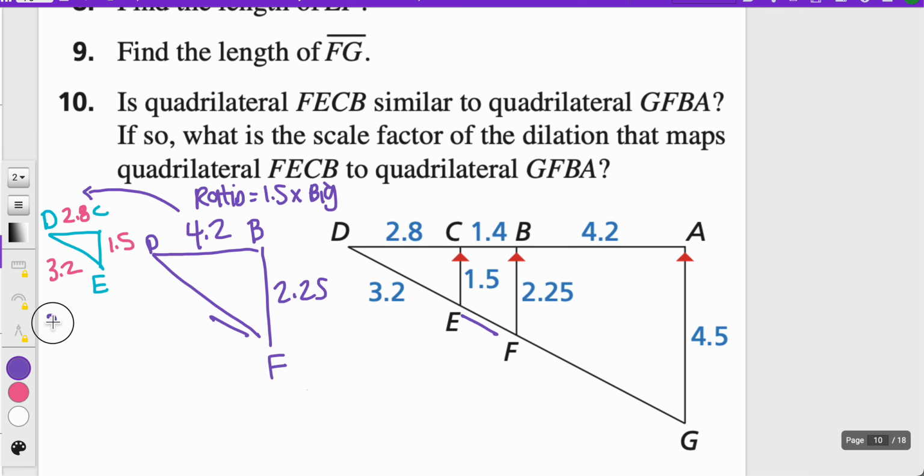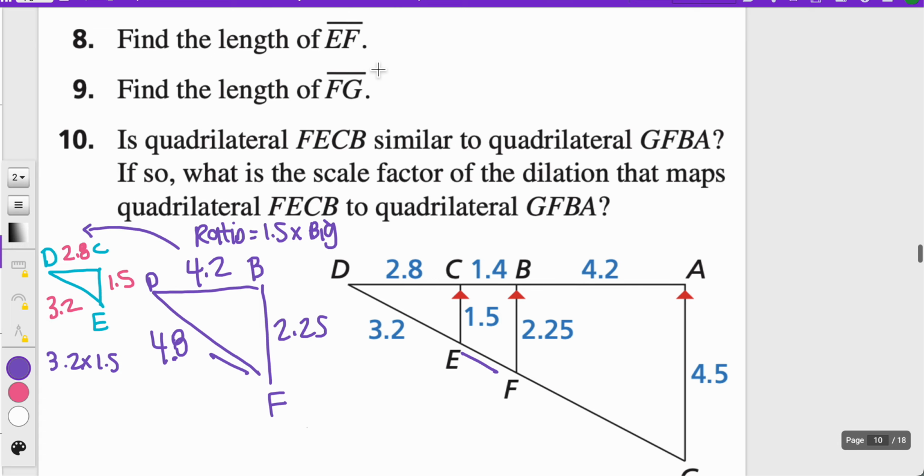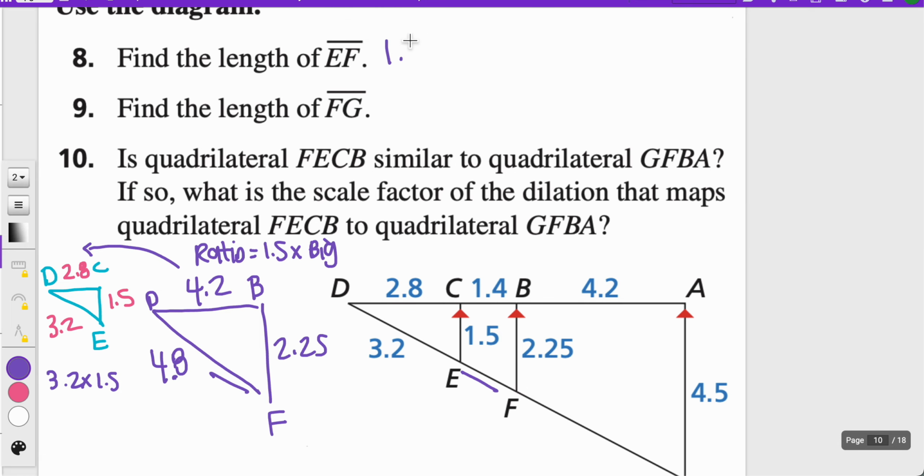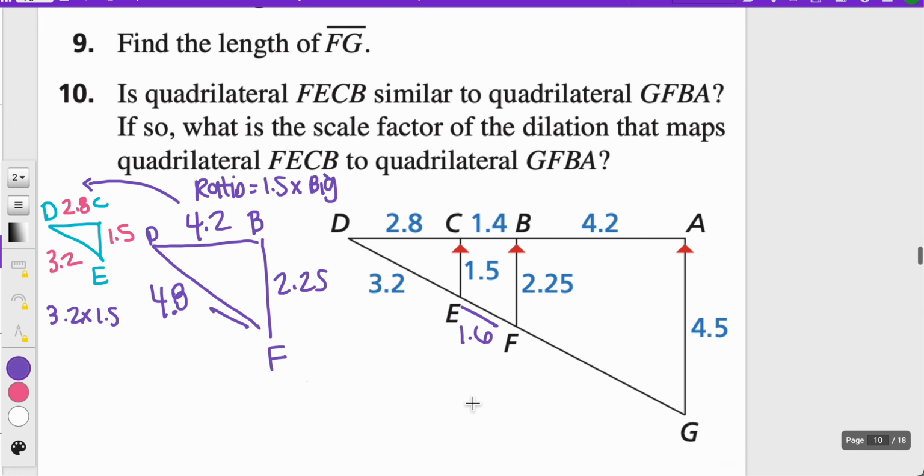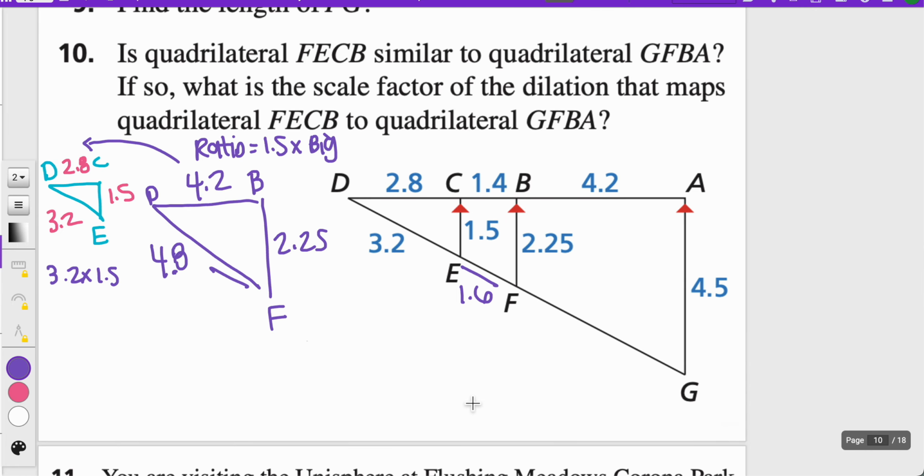So I did 3.2 times 1.5. And this whole entire side, DF, is 4.8. So if 4.8 is the entire side, 3.2 is a little bit of that, 4.8 minus 3.2, EF is going to be 1.6. Okay?